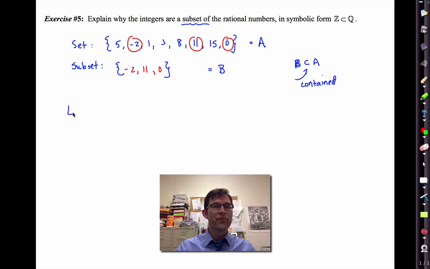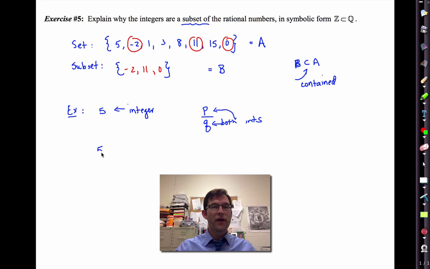Let's just give an example, right? Let's talk about the number 5, which is clearly an integer. The definition of a rational number is a number that looks like p divided by q, where they're both integers. Both ints, right?